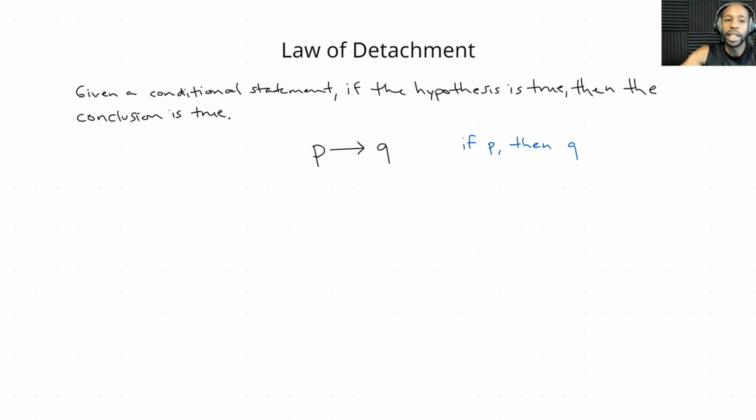If it just so happens that P is indeed true, so if P is true, okay, then you say these three dots mean therefore, Q is true.